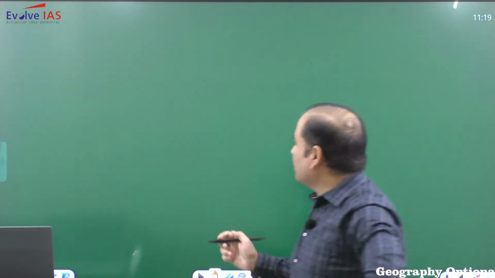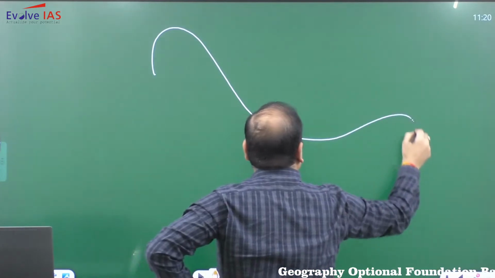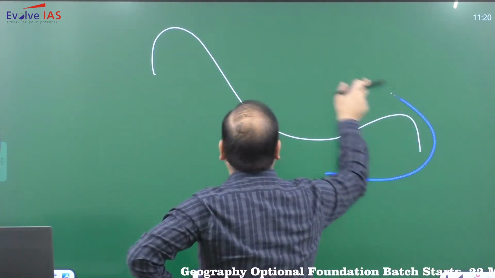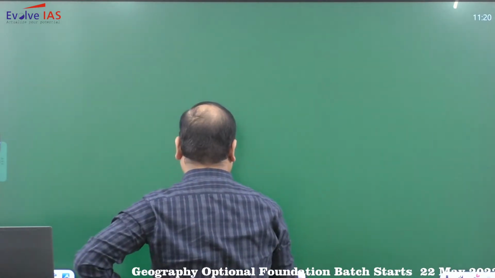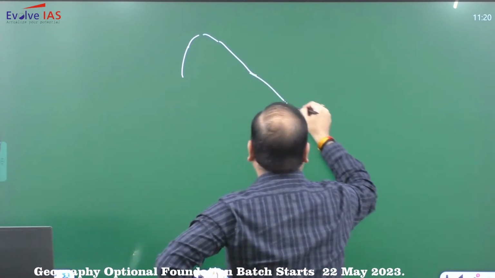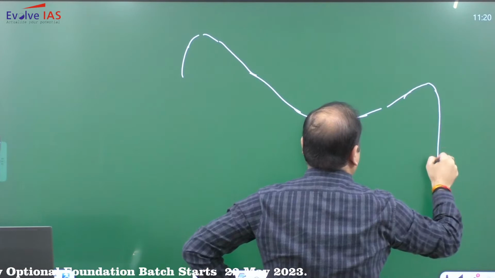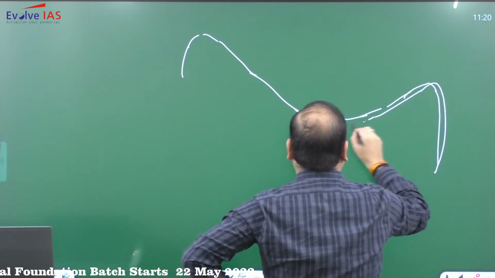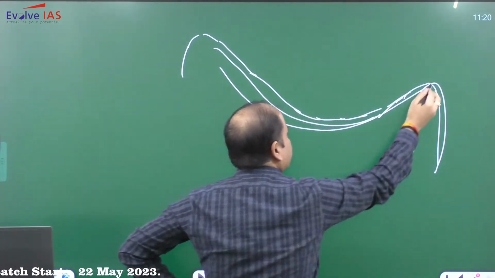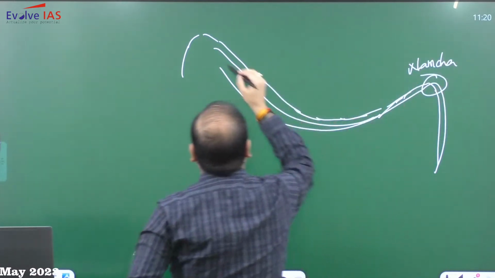So Himalaya has a very unique feature, and that unique feature is like this. In Himalaya, you will find a unique feature like this. This is Namcha Barwa.